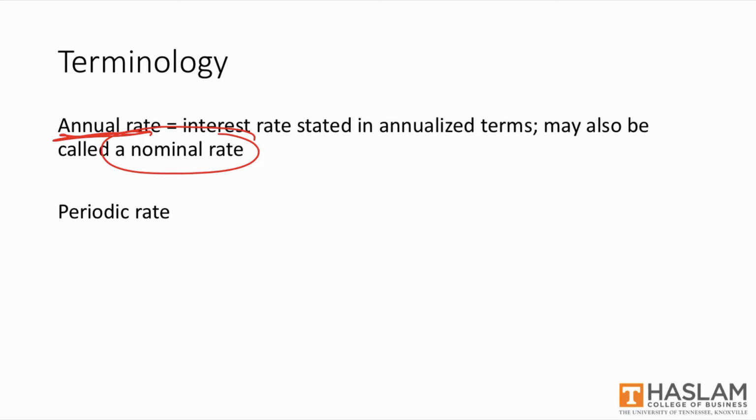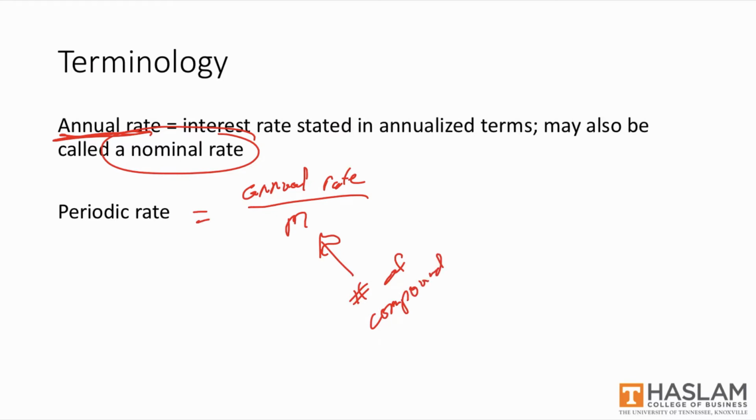The periodic rate is equal to the annual rate divided by some number that we're going to call M, and M is just the number of compounding periods per year.